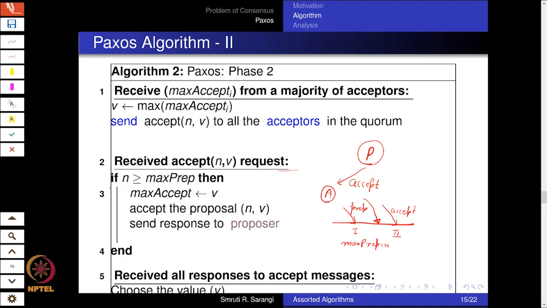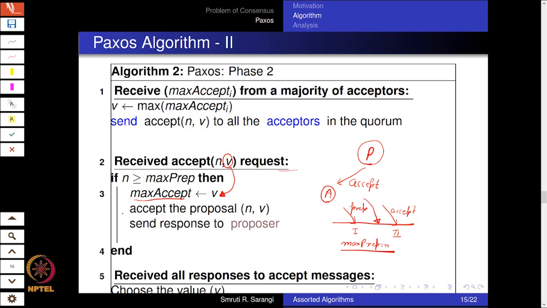Otherwise, phase 2 passes. If n is greater than or equal to max prep, which basically means that no higher numbered proposal has come in the middle, then phase 2 passes, and we set the value of max accept to the value that the proposer is sending, which is v. So the max accept field captures the value that has been sent by the proposer the last time phase 2 passed.